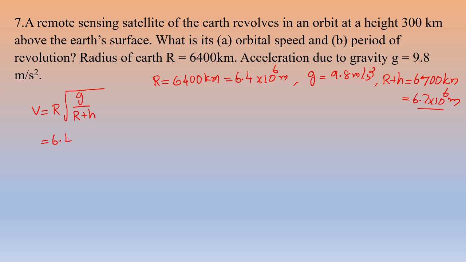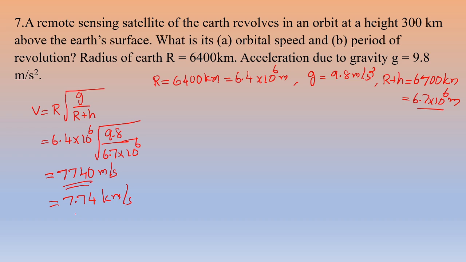Radius 6.4 into 10 raised to 6 into square root of 9.8 divided by r plus h, which is 6.7 into 10 raised to 6. So after the calculation, we have 7,740 meter per second. And also we can express 7.74 kilometer per second.